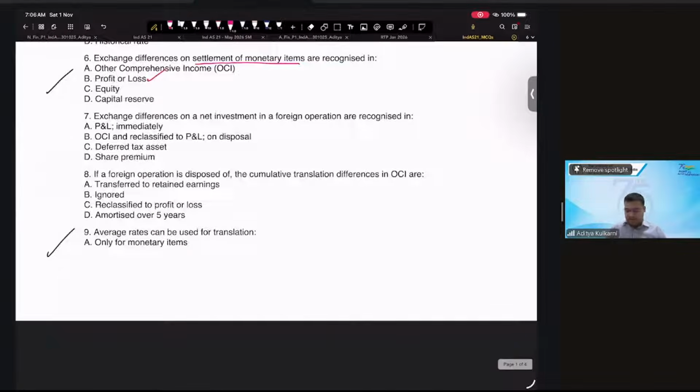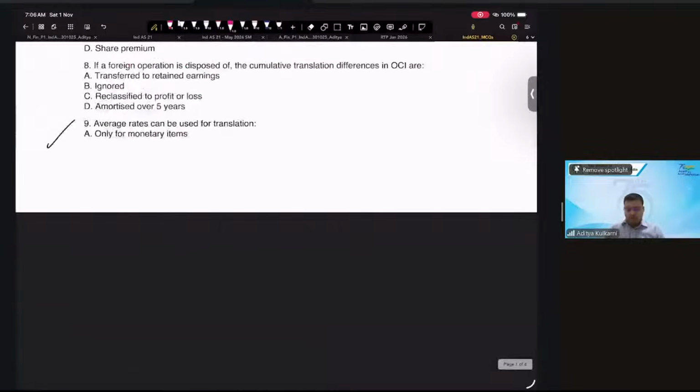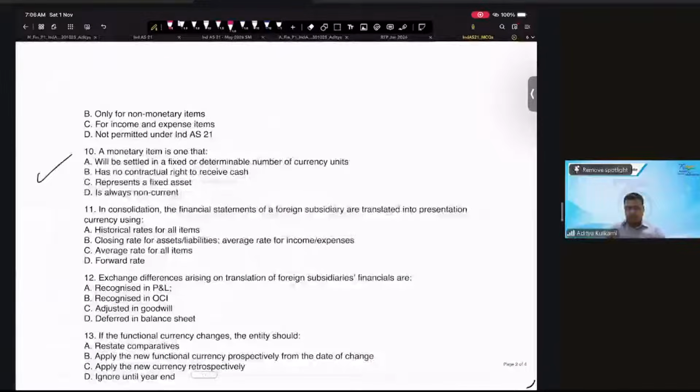Okay. Next, average rates for translation. Can you use it for monetary items only, for non-monetary, for income and expense, or is average rate not at all permitted under Ind AS 21? What do you guys think? I think for monetary items only. Non-monetary items. Bibhu, what do you think?